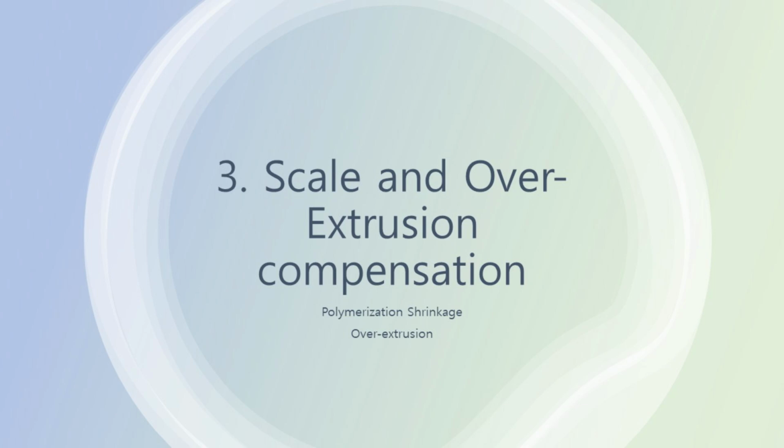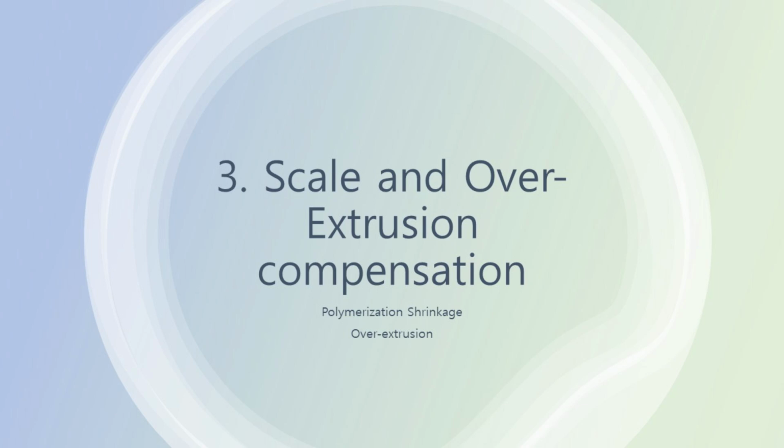Polymerization shrinkage occurs during the curing process when the resin volume decreases, leading to the crown dimensions being smaller than the original design. Over-extrusion, on the other hand, happens when the printer outputs more resin than necessary, resulting in the crown being thicker than designed.